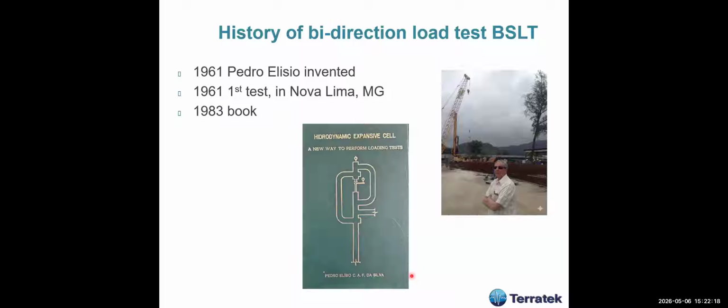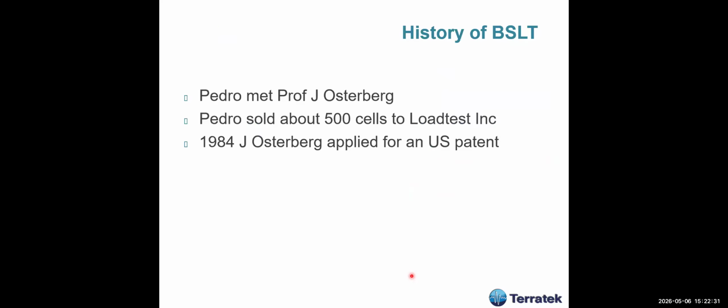In 1983, he wrote a book. It came in Portuguese and English as well, and he gave me one of the books long ago. However, at some stage, Pedro met Professor Osterberg in America, and Professor Osterberg was very interested in this kind of test, and Pedro sold some 500 of those hydraulic cells to Load Tests Incorporated, the company that belonged to Professor Osterberg.